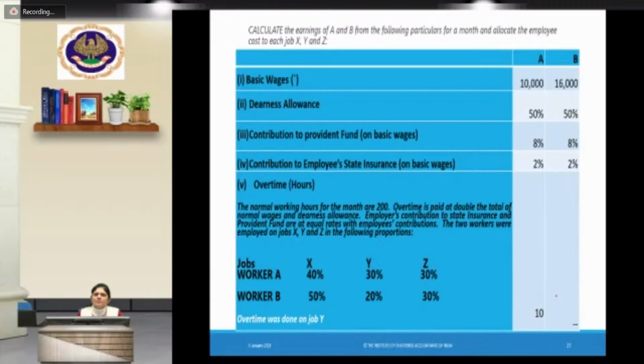So 8 hours and 30 minutes if it's a 5 working day week, and if it's 6 days per week, it will be 8 hours. This is generally accepted and followed across organizations. There is no hard and fast rule. Some organizations have 9 hours per day also. But in most organizations, if it's a 6-day week, it will be 8 hours. All right, just read through the question.